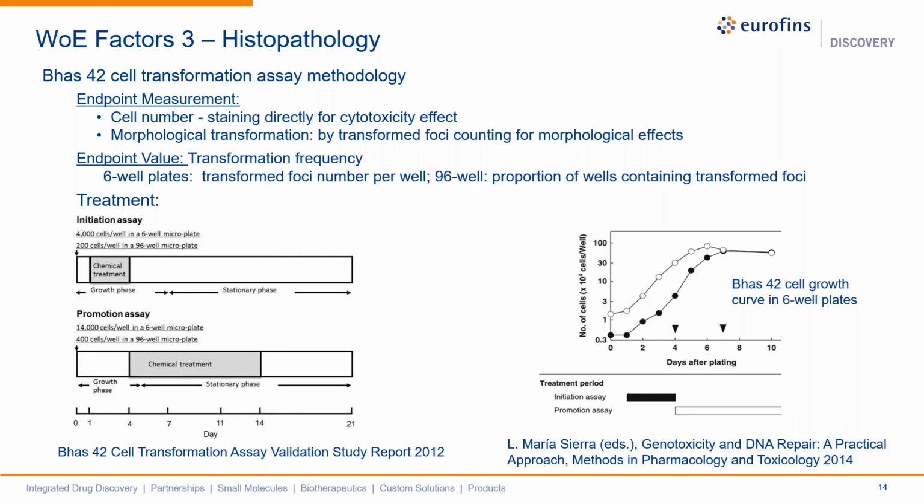For endpoint values of transformation using different platforms, in 6-well plates, it counts the actual number of transformed foci in the well, while in the 96-well format, it measures the proportion of wells containing transformed foci.